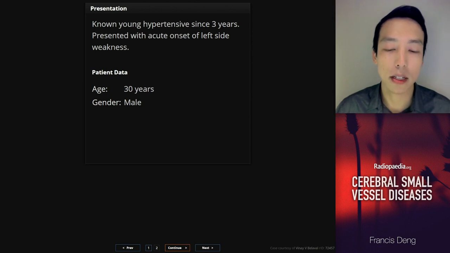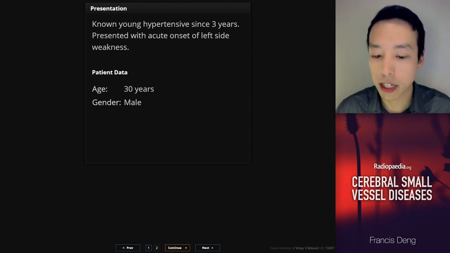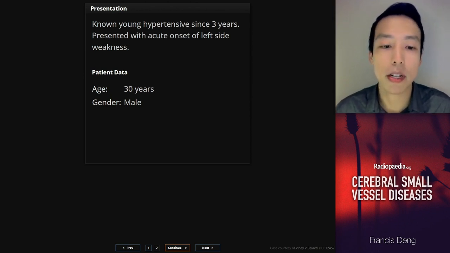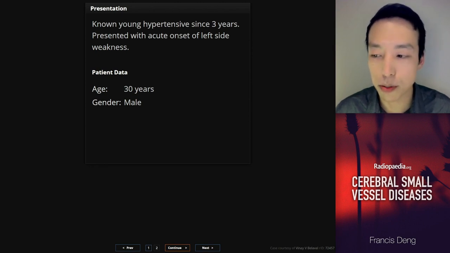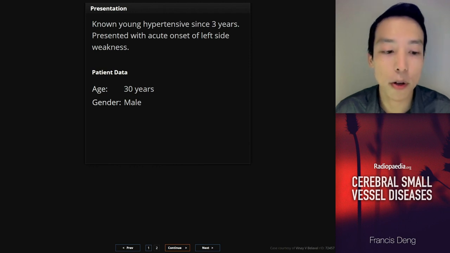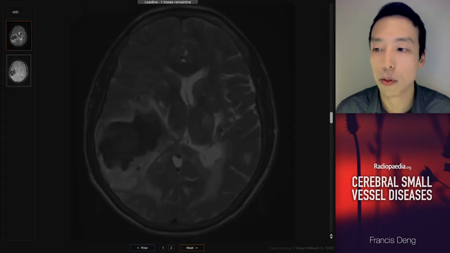So let's take a look at some example cases, because what the severity grading scales are intending to predict are sequelae like intracerebral hemorrhage. This was a 30-year-old male who was a known young hypertensive since childhood, who presented with acute onset left-sided weakness.